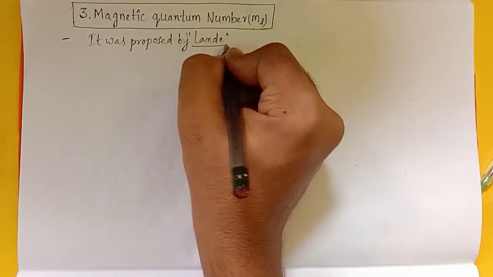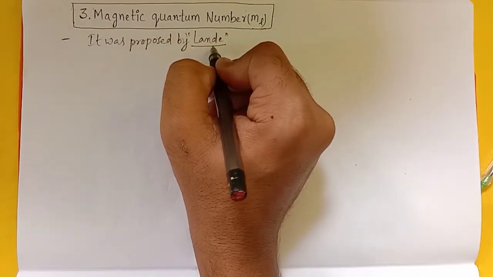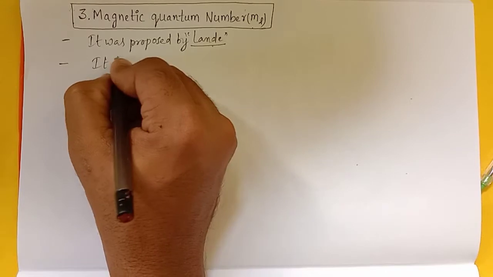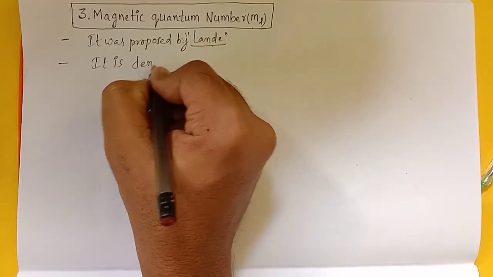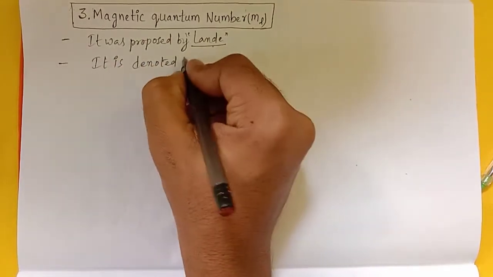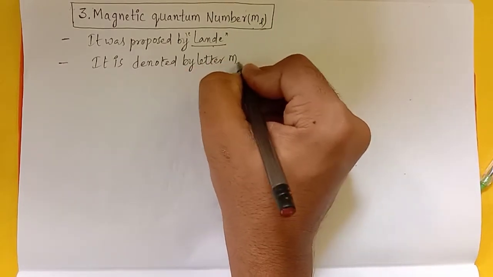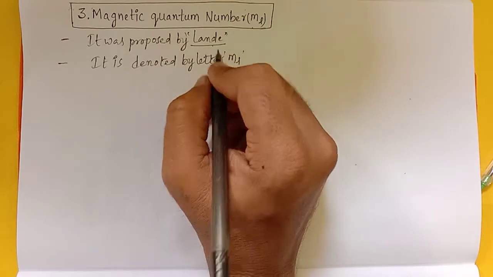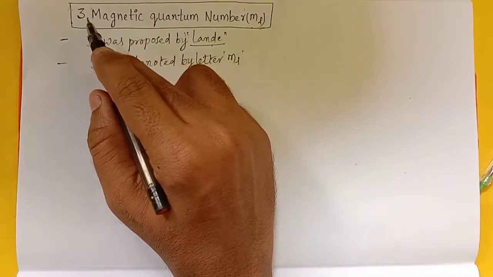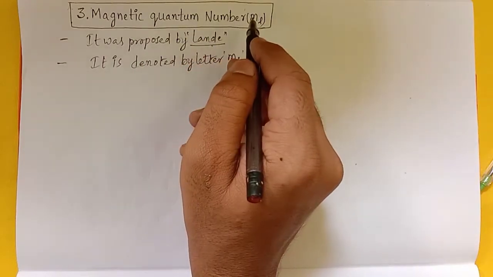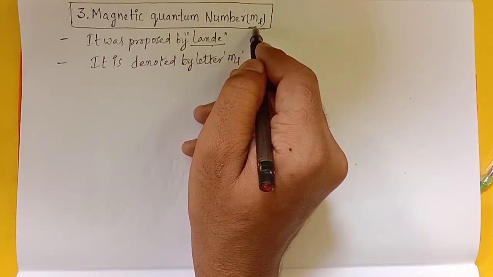Remember, it is a very important quantum number. This is the third type of quantum number. The magnetic quantum number is indicated with ml.